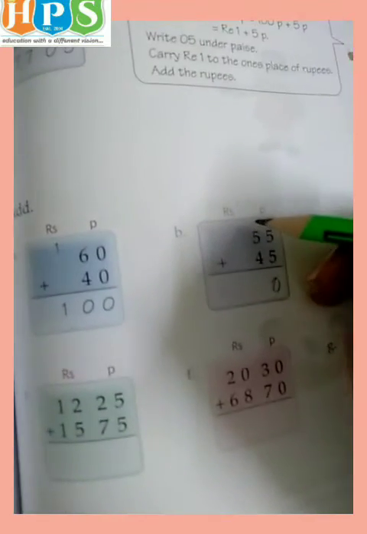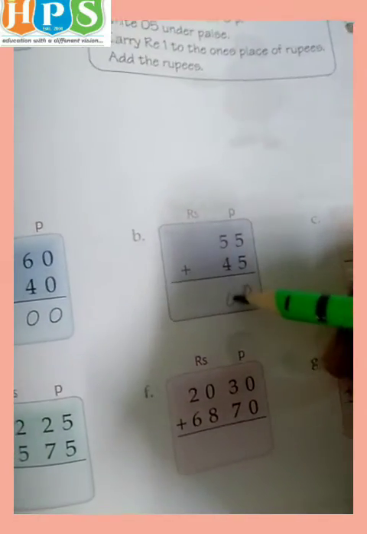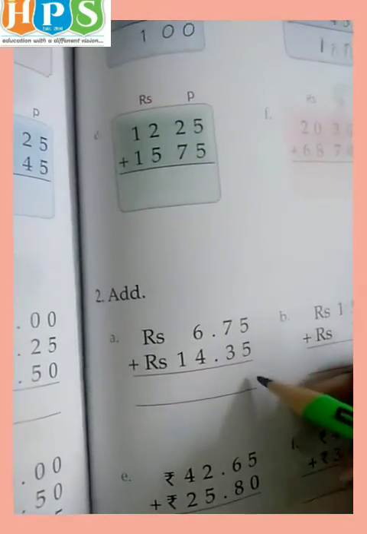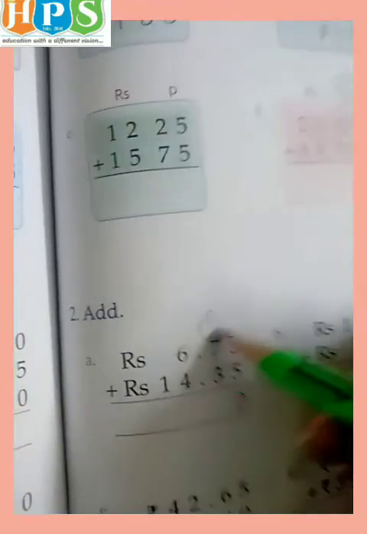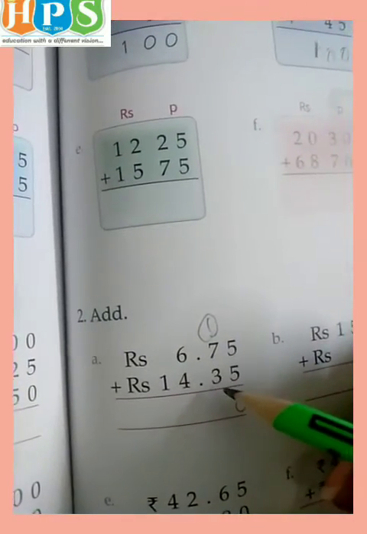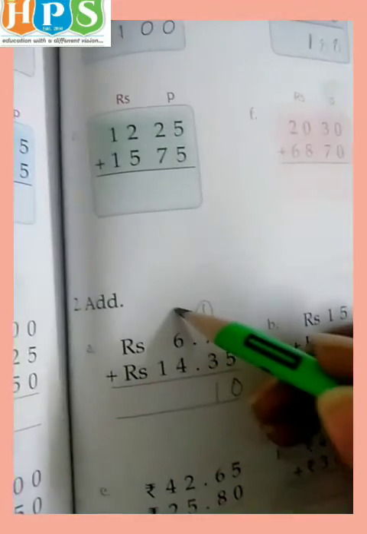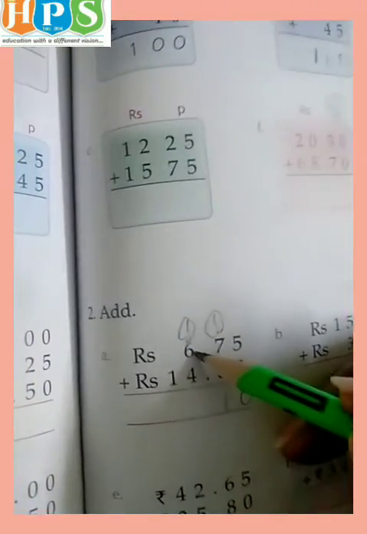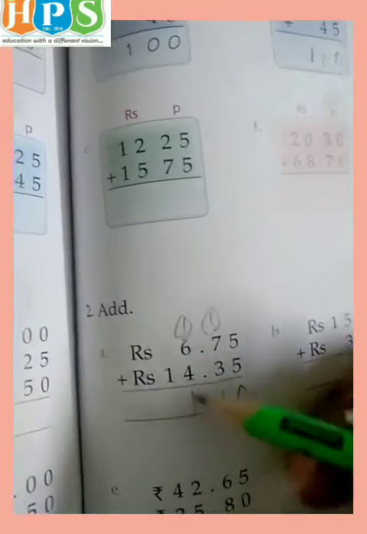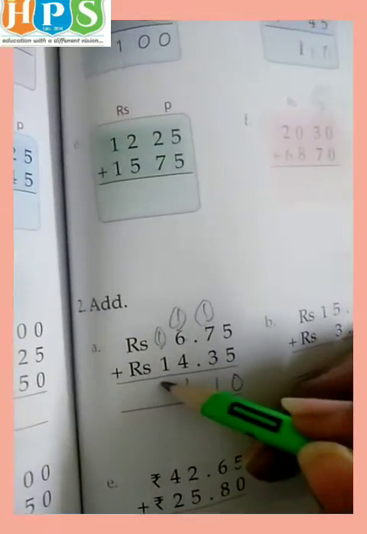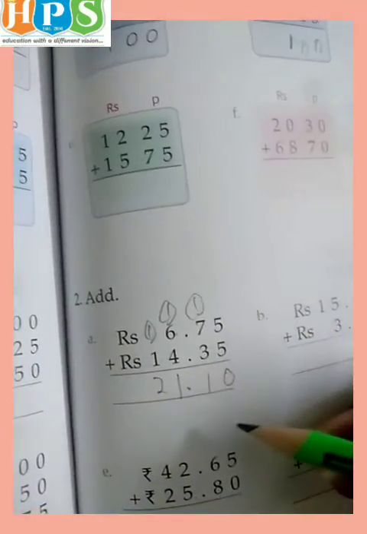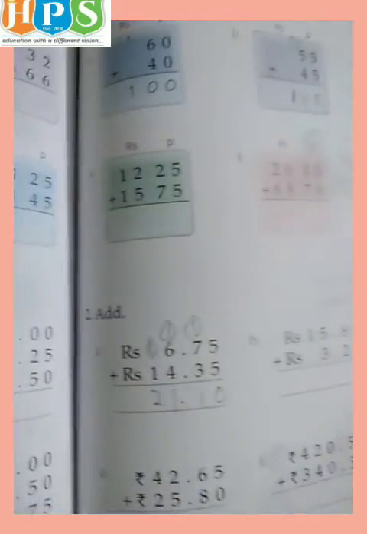We will write 0 and 1 carry. 5 and 1 6, 6 and 4 10. 100 paise is equal to 1 rupees. 5 and 5 10, 1 and 7 8, 8 and 3 11, 1 and 6 7, 7 and 4 11, 1 and 1 2. It means 21 rupees and 10 paise.